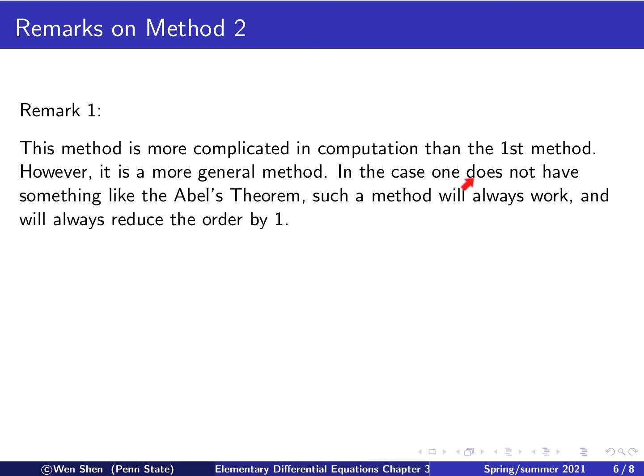In the case that we do not have something like Abel's theorem, let's say you have a third order equation and you have one solution already given, then you can apply a similar procedure and reduce the order, and you will end up essentially solving a second order equation. So it's general. You don't need to have something powerful like Abel's theorem.